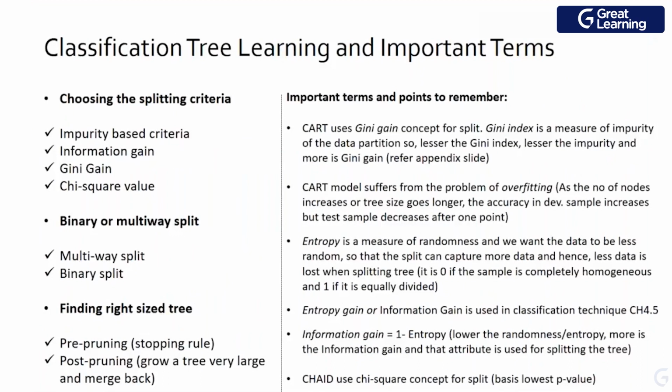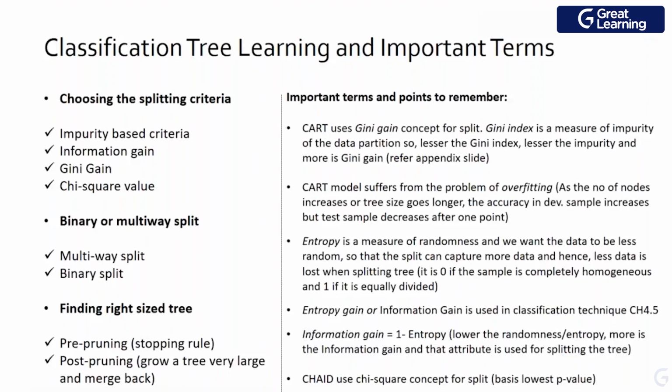So we'll move forward in terms of the classification tree learning and some of the important terms and concepts that you should be aware of. As we discussed, whenever a decision tree works, there will be a root node, which is usually a parent node, and you will have to split the decision trees further.